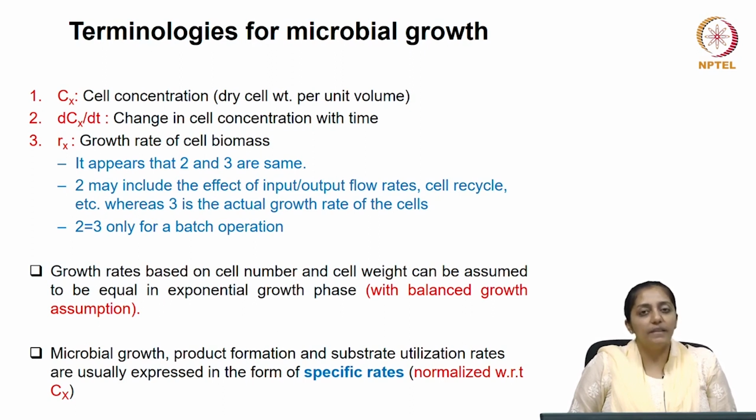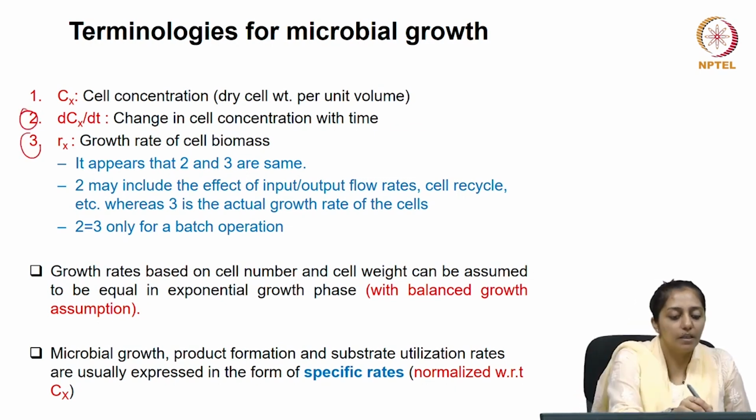So, dCx by dt is the change in cell concentration with time inside the liquid broth, and Rx is the growth rate of the cell biomass, which means the rate at which the cell is multiplying with time, or the cell is growing, the cell number is changing with time. So, when I say the two things, it may appear to you that equation 2 is equal to 3.